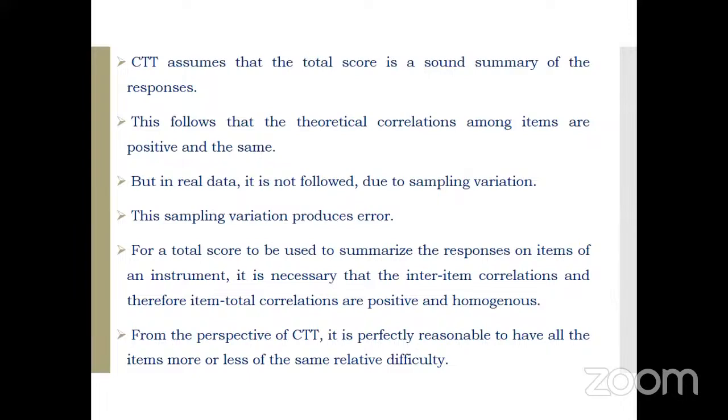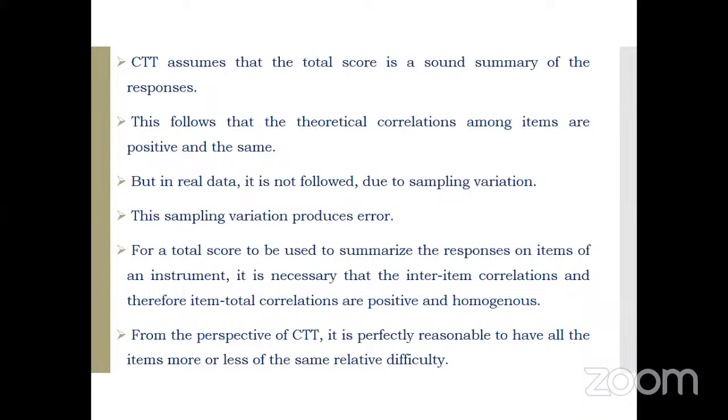Now, as we know, classical test theory assumes that the total score is a sound summary of the responses. So we just look at the total score and say that this person has this much level of trait or severity. This follows that the theoretical correlations among items are positive and the same. But in real data, this is not followed due to sampling variation.